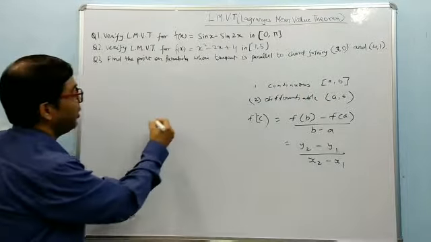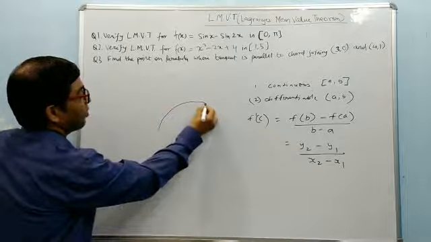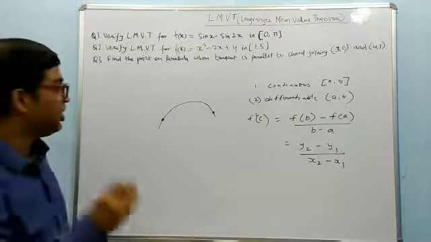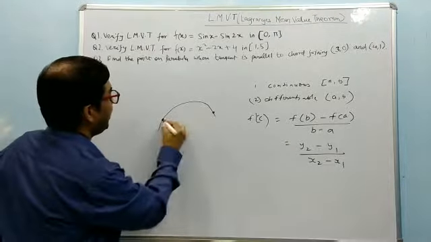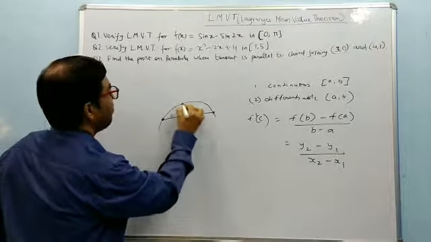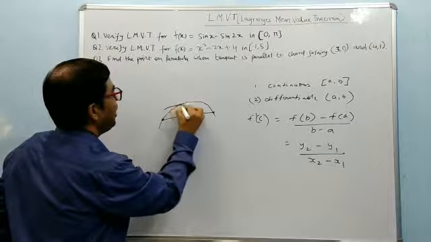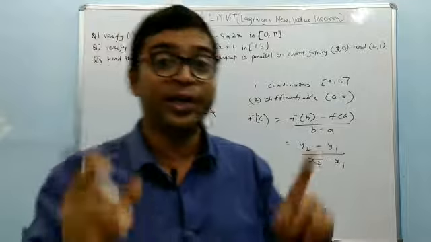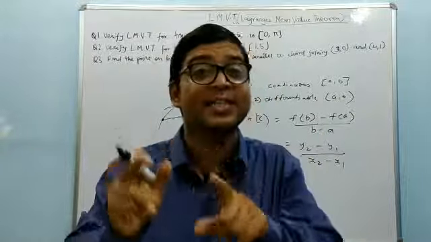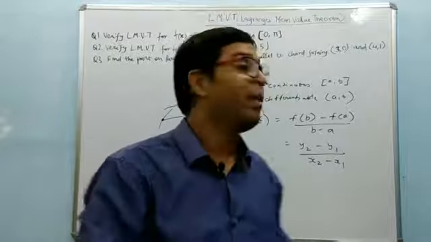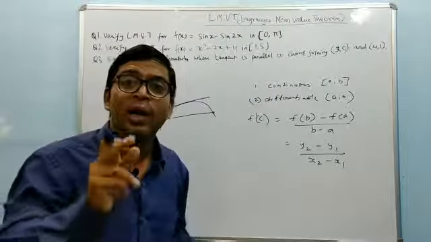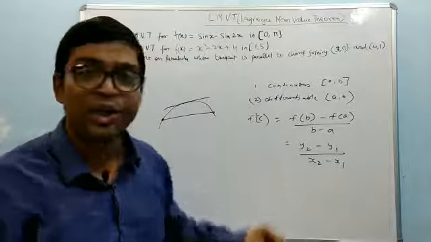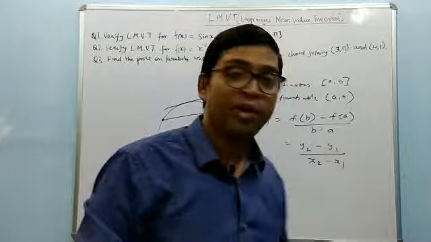See here, if the curve is like this, 2 points are there, A and B, it is continuous, it is differentiable, then in between A and B there must be a point where the tangent drawn is parallel to the chord joining the points. It used to be parallel to the x-axis in the case of Rolle's theorem, but here it is parallel to the line segment joining the 2 points. That is the basic interpretation of Lagrange's mean value theorem.